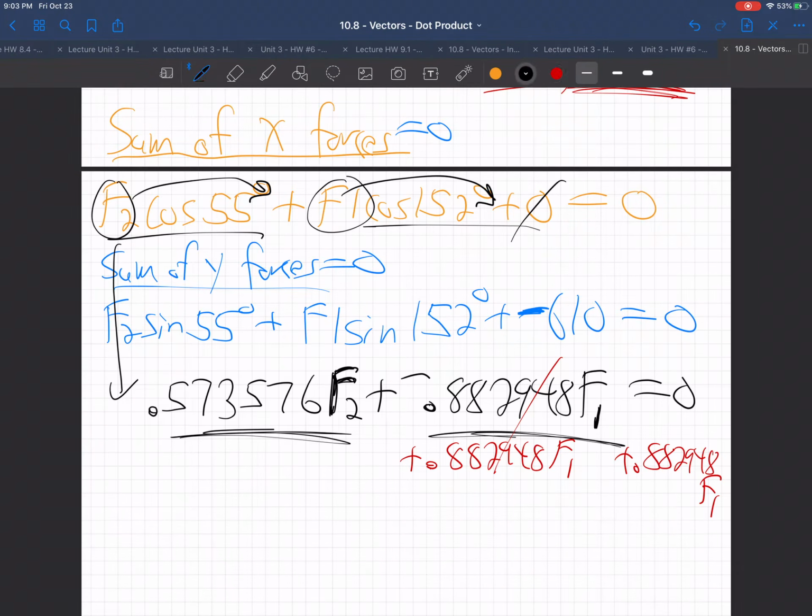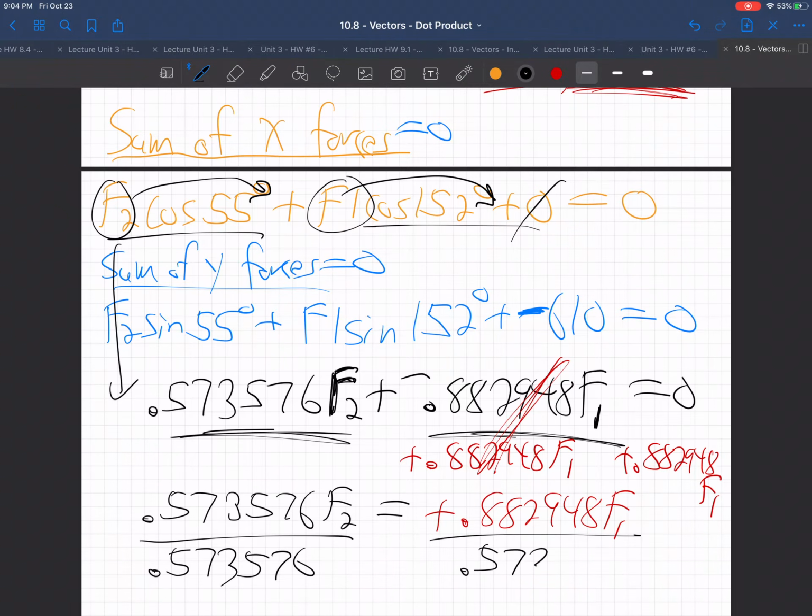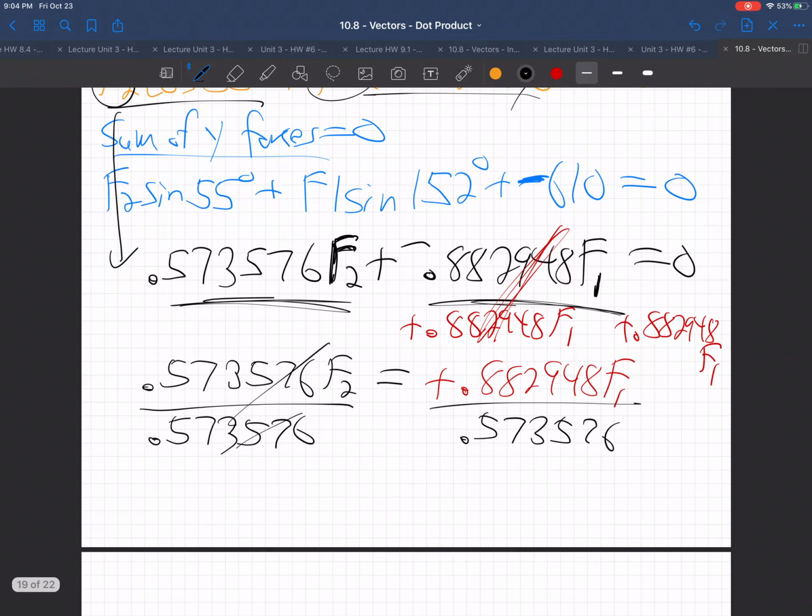It cancels out here, and we get 0.573576 F2 equals positive 0.882948 F1. Then I divide both sides by 0.573576.